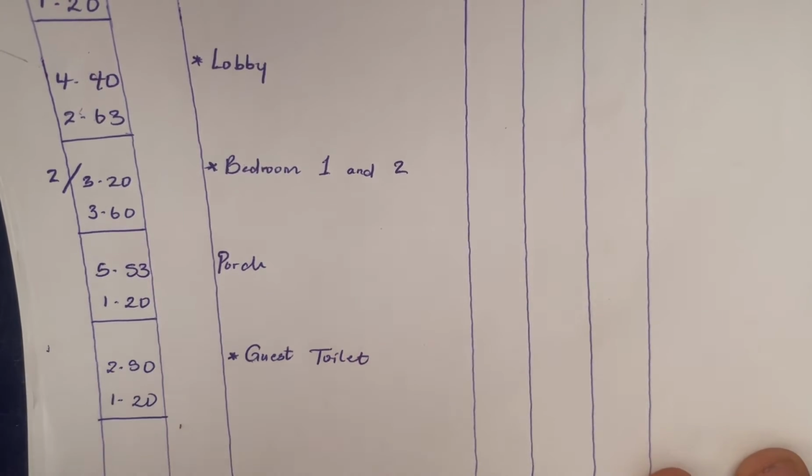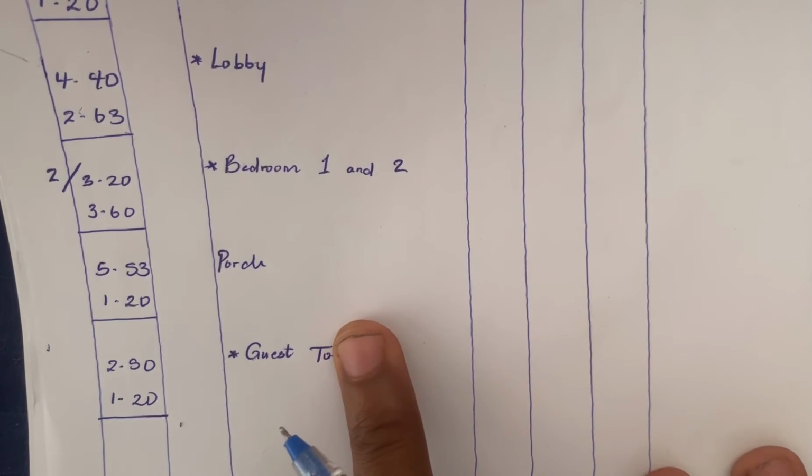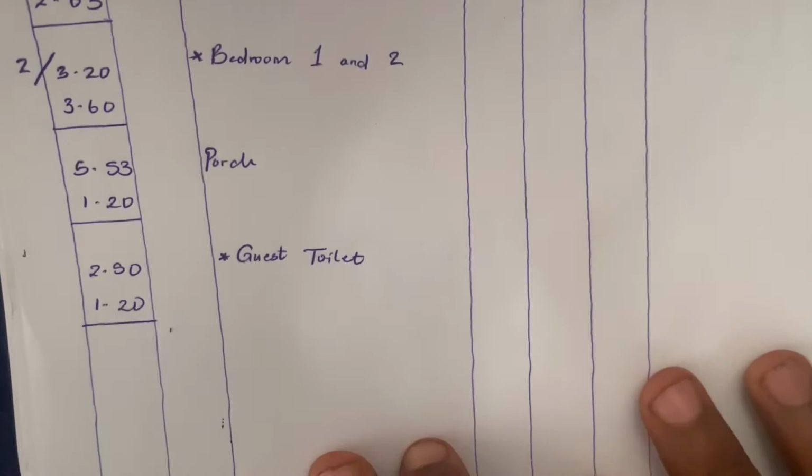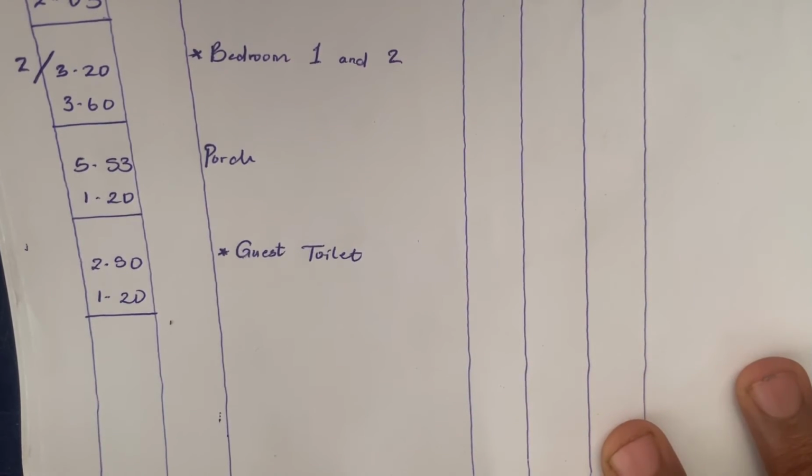And then we close. Doing this, we've measured for the guest toilet. So the next one would be the sitting room.